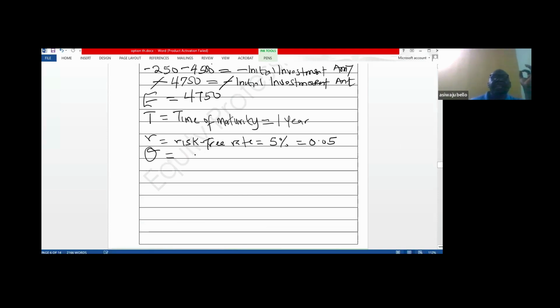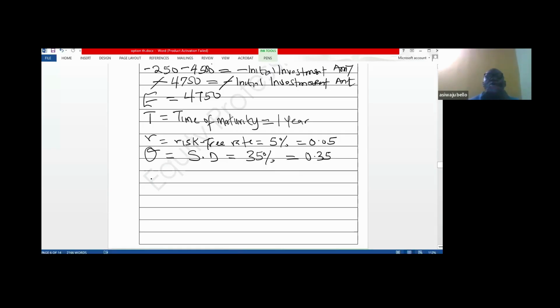Volatility, that is the standard deviation, is equal to 35%, that is 0.35. You have gotten the 5 input variables.